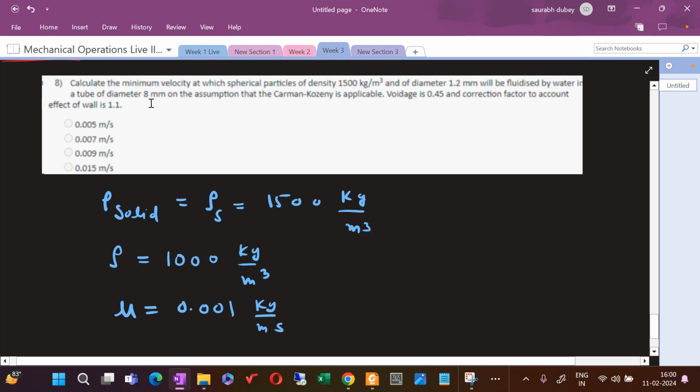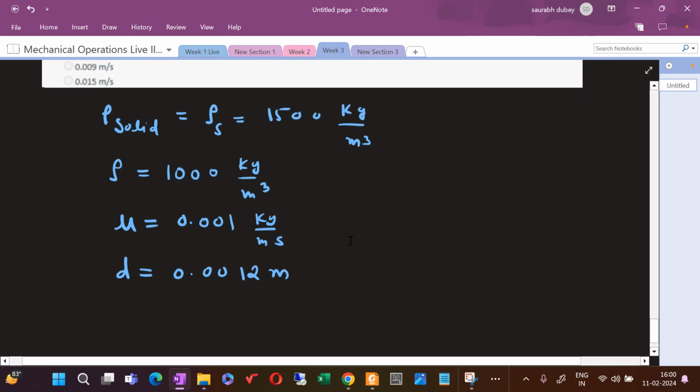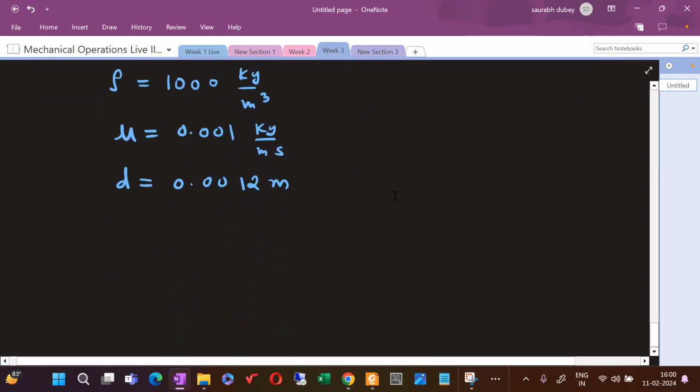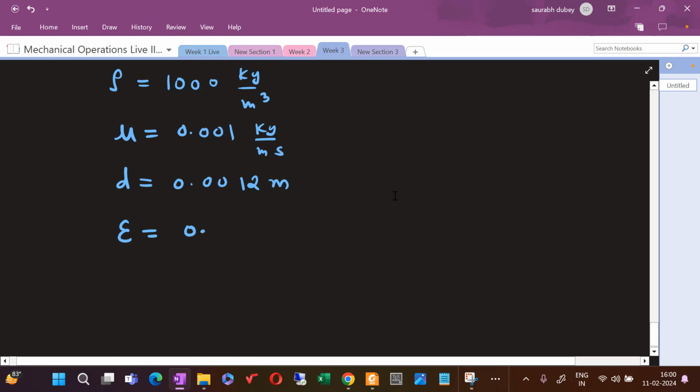and the diameter is 0.0012 meter. This diameter is what? 1.2 mm. Okay, and the voidage is given as 0.45.